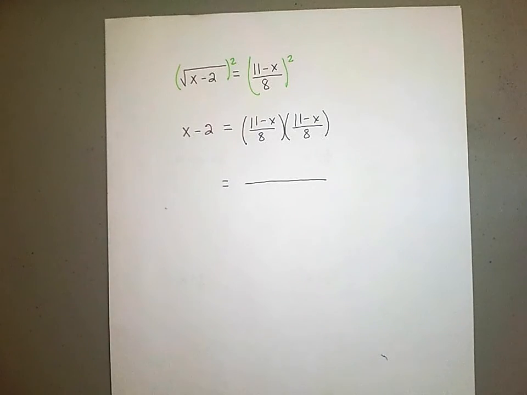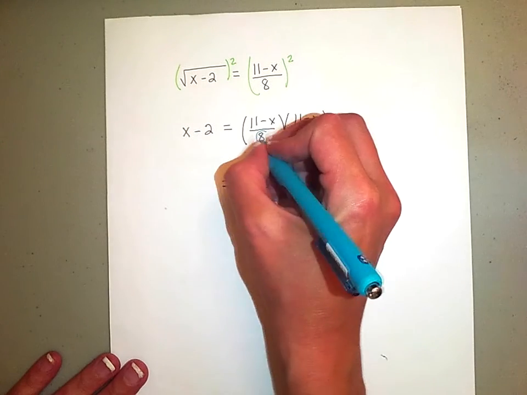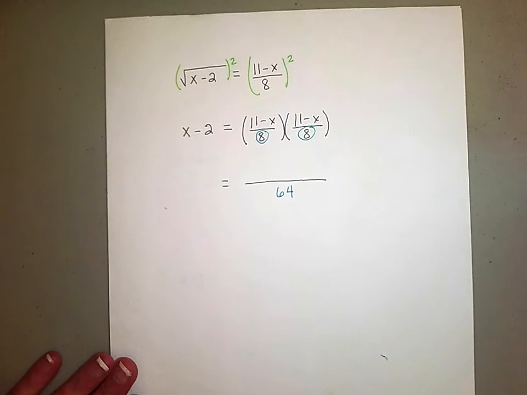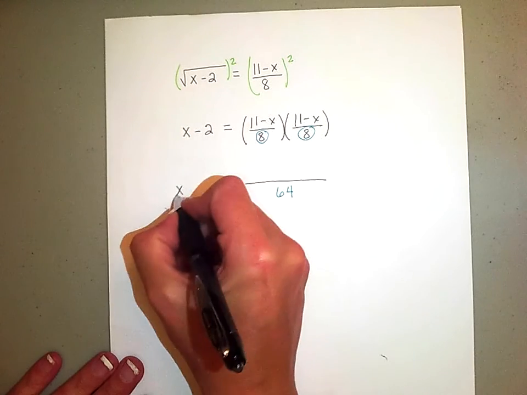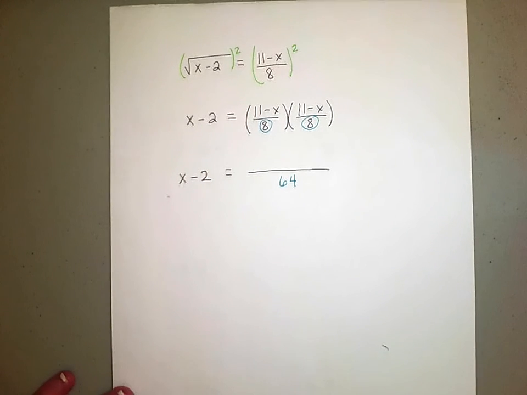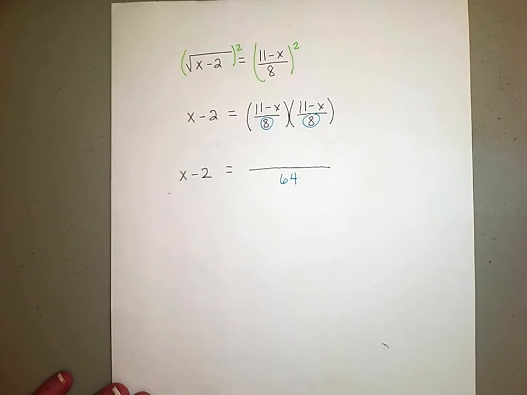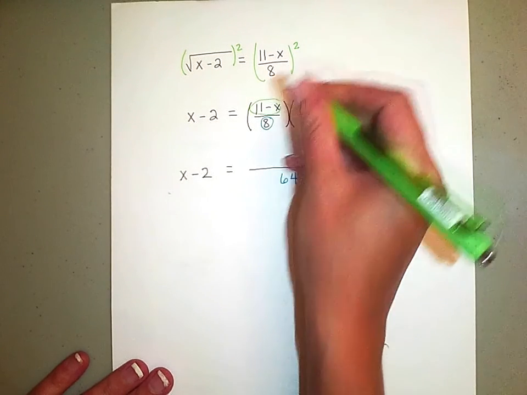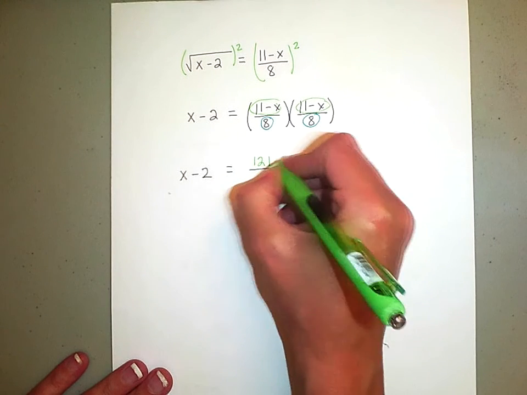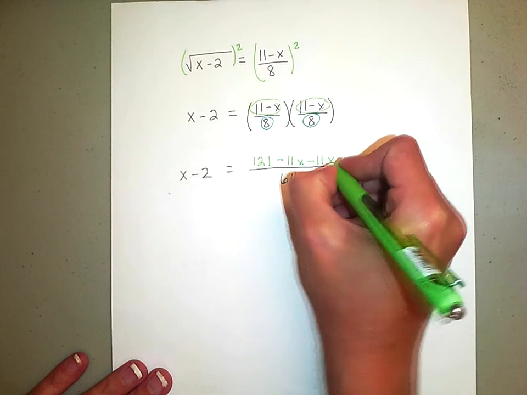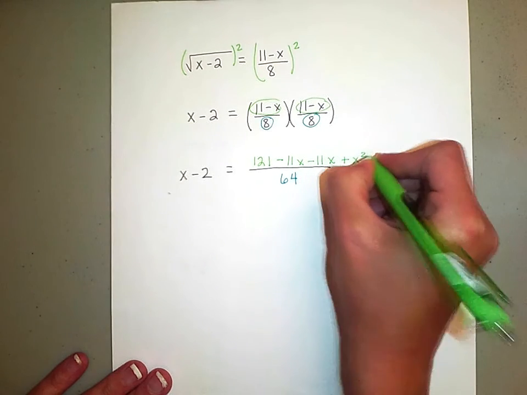The numerator will be a little bit more work. We're going to have to FOIL. The denominator is going to be very easy. 8 and 8 is 64. Okay, let's start foiling the top. 11 and 11 are 121 minus 11x minus another 11x plus x squared.